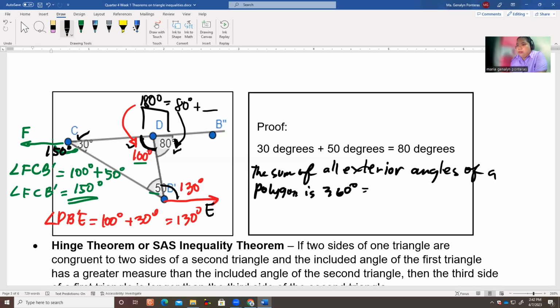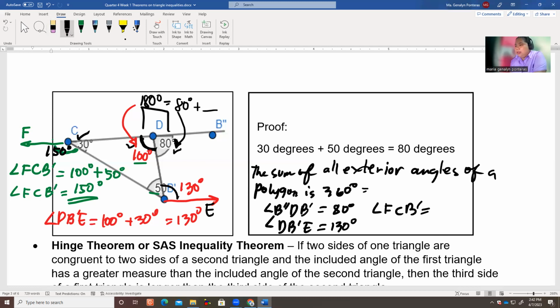So we need to add B prime, B double prime, B, that's 80. We add angle B single prime E, that's 130. And we add angle FCB prime, that's 150 degrees.